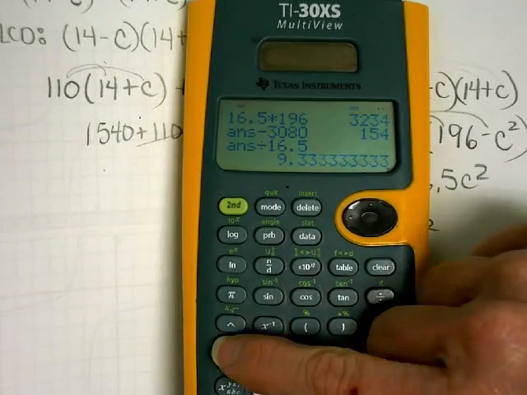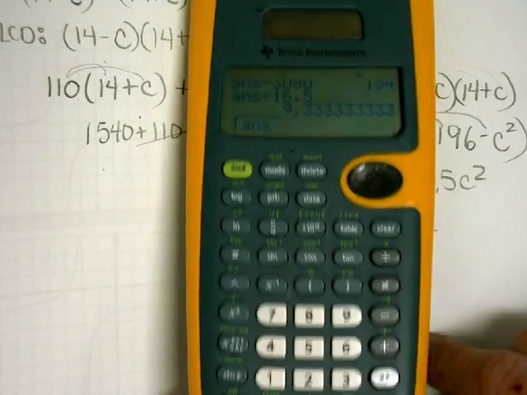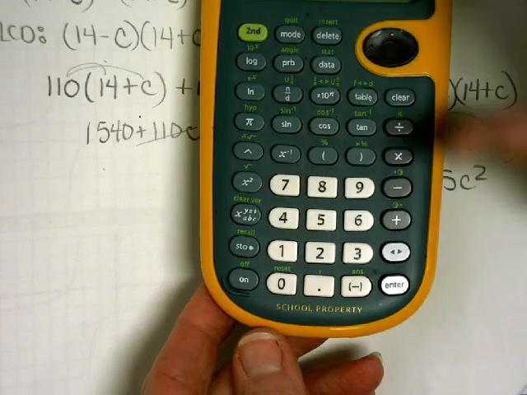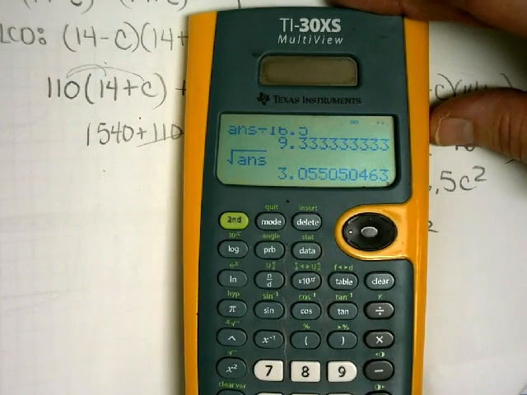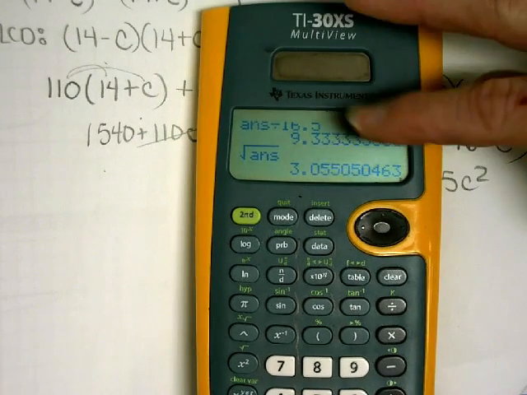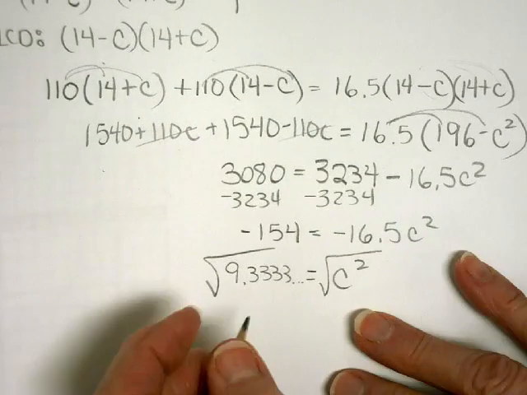Okay, so see what I got right now? I'm going to put second square root, second answer. That's at the bottom here. And then I get my decimal. Now I round.